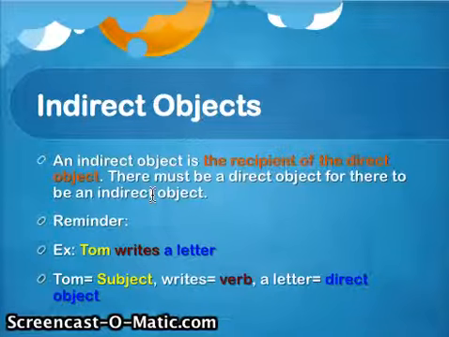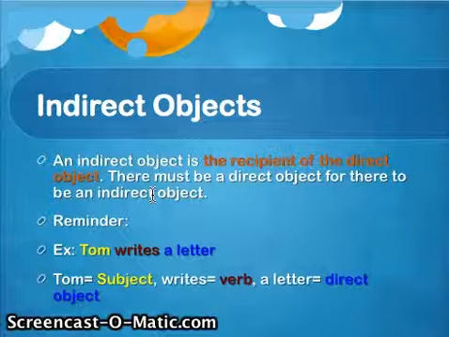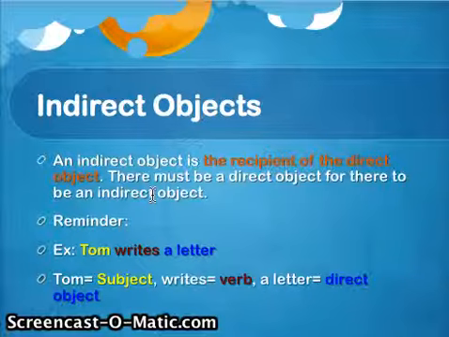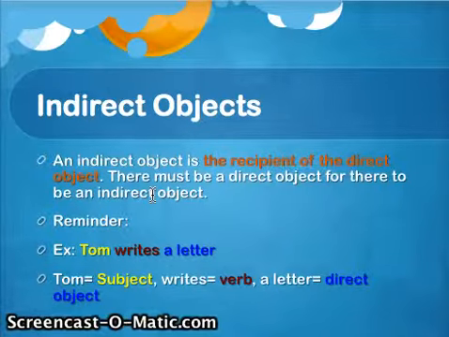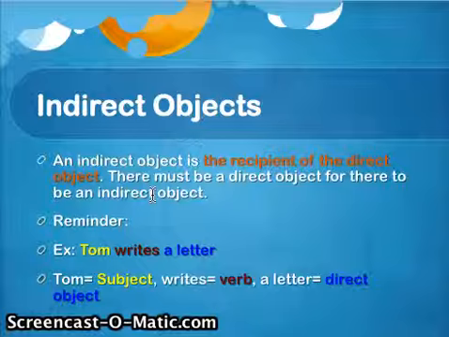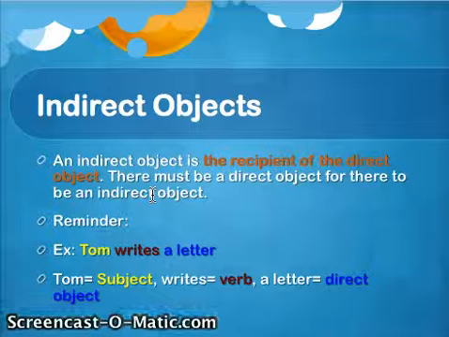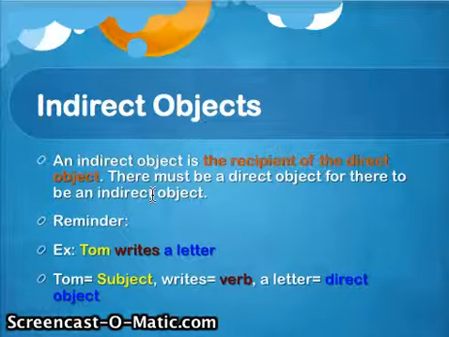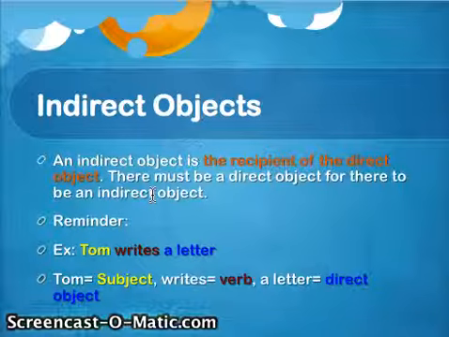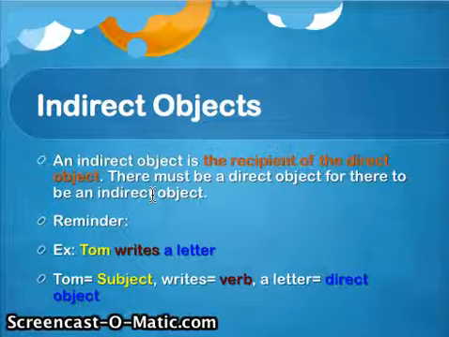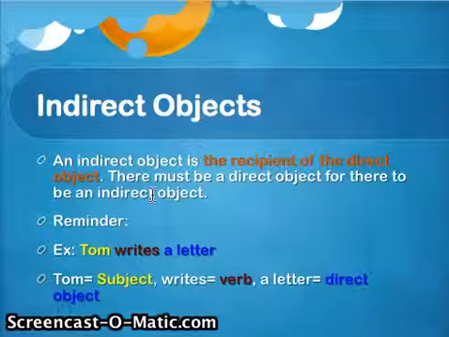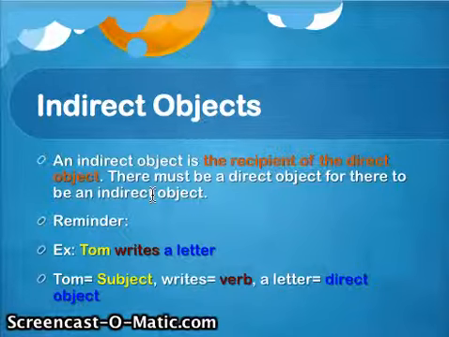All right, so we had Tom writes a letter, and I told you that for direct object, you want to ask yourself the question what, because direct objects answer the question what. Tom writes what? Tom writes a letter. Tom is the subject, writes is the verb. A letter is the direct object. It tells you what Tom is writing, and he is writing a letter, okay?